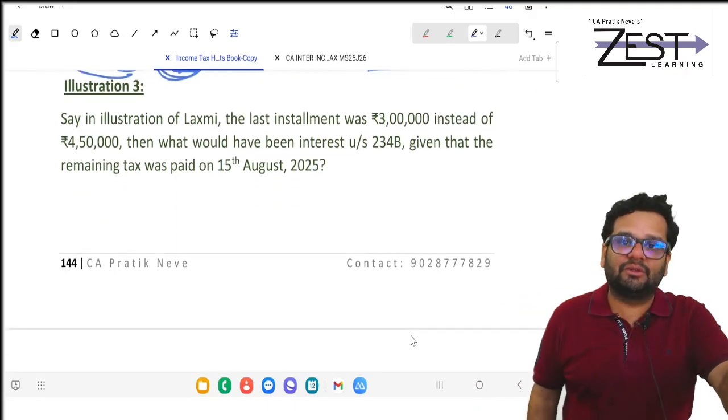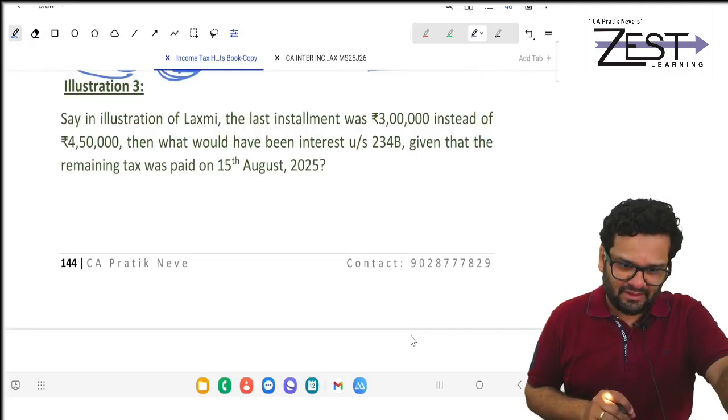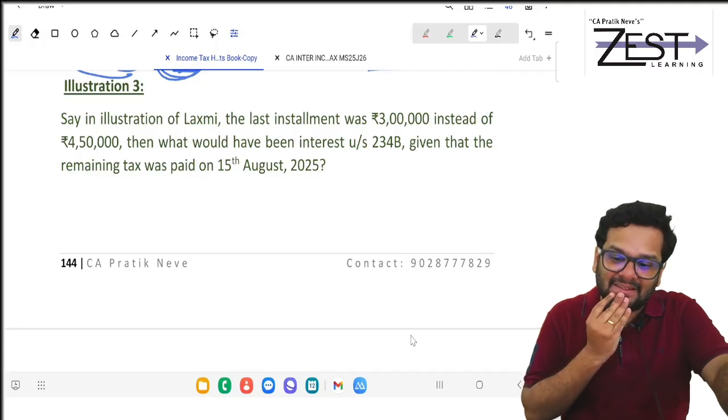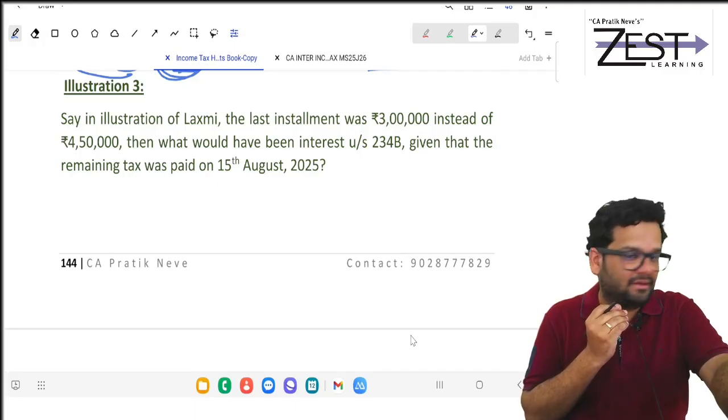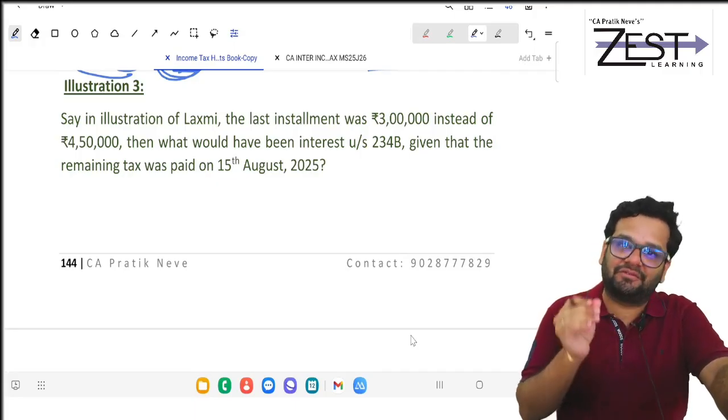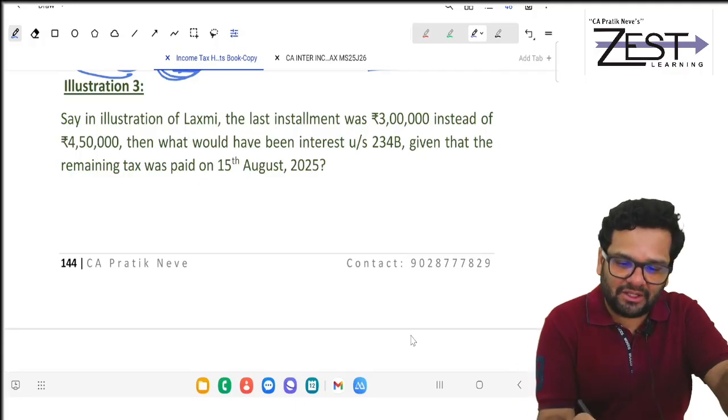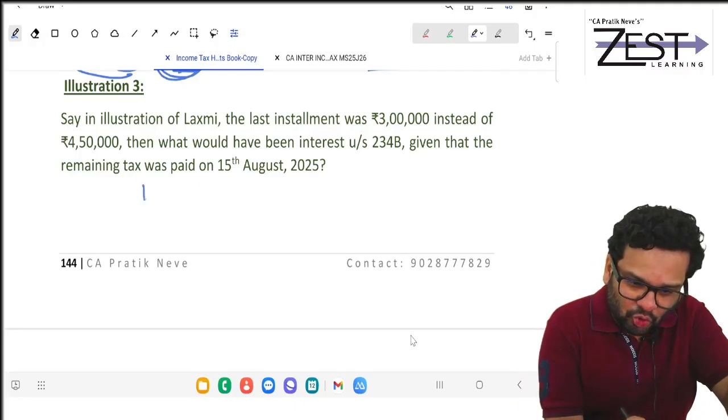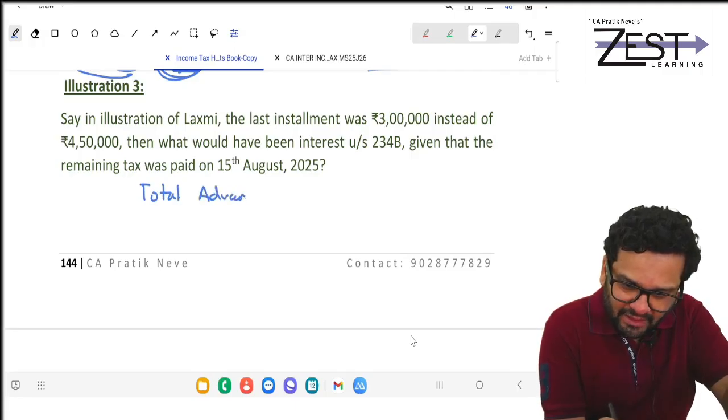Giving you another ILU, say in ILU of Lakshmi, last installment was 3 lakhs instead of 4,50,000. Means actually her total advance tax will become how much? Exactly.